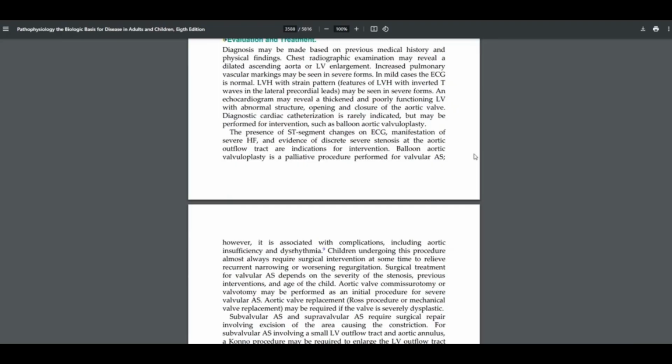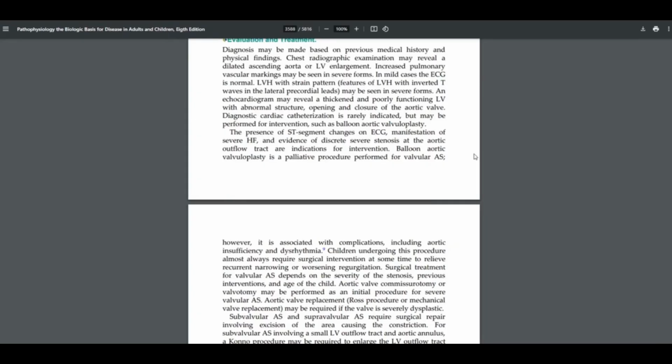Left ventricular hypertrophy with strain pattern, featuring inverted T waves in the lateral precordial leads, may be seen in severe forms. An echocardiogram may reveal a thickened and poorly functioning left ventricle with abnormal structure.